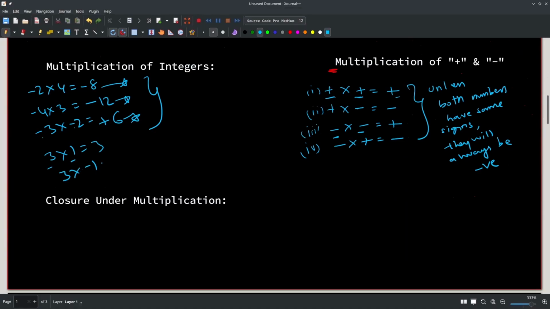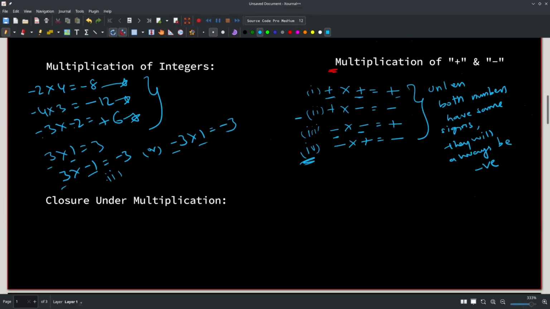3 into minus 1 is equals to minus 3. Or let's take minus 3 into 1 is equals to minus 3. Why? Because a negative and a positive is getting a negative. Now here a positive and a negative, which is the second rule over here.